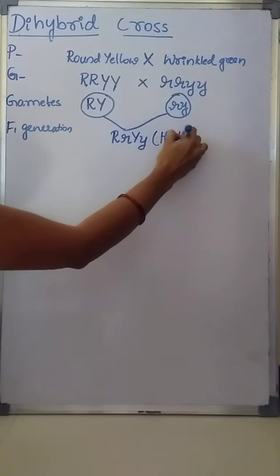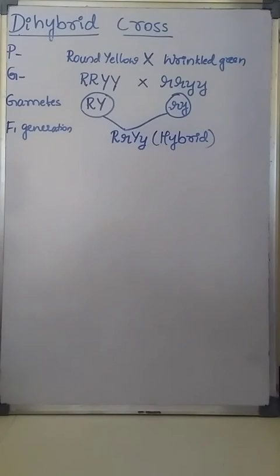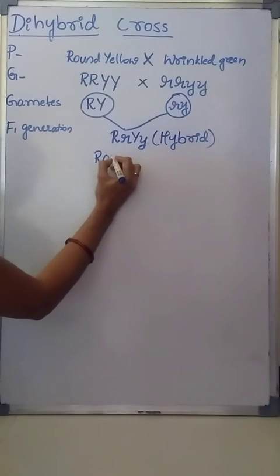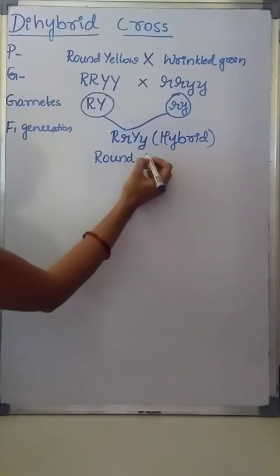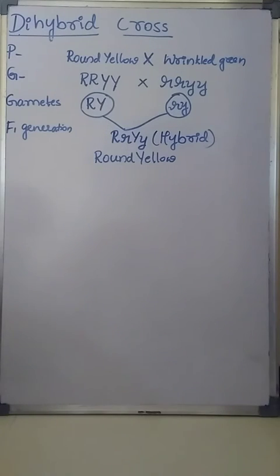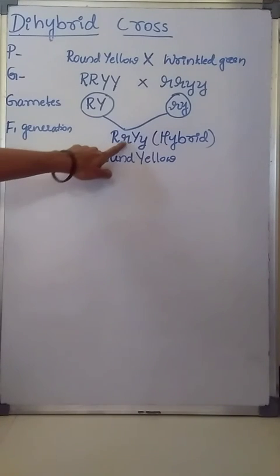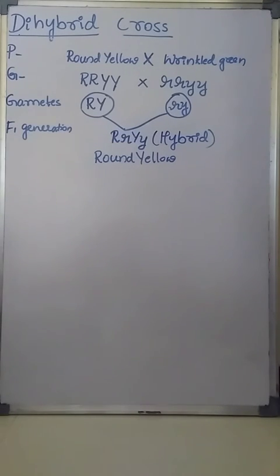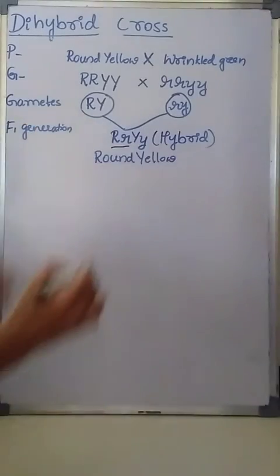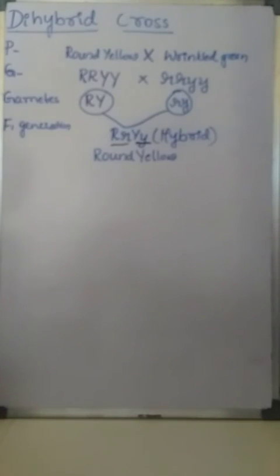When these alleles are present together, we will get a round shaped, yellow colored seed, because in this, capital R, small r, capital R is the dominant gene, and capital Y is the dominant gene or dominant allele.